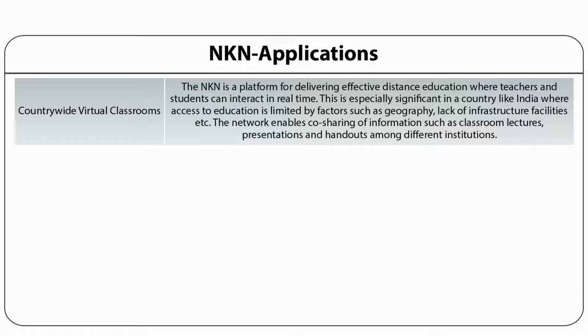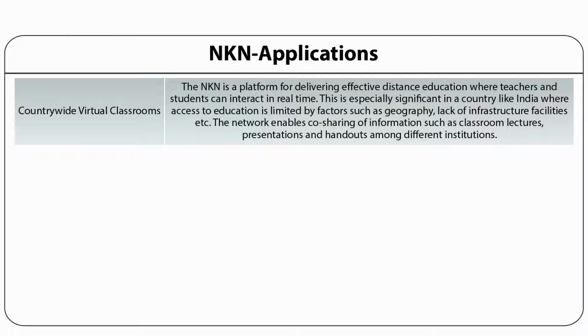NKN is providing a platform for delivering effective distance education where teachers and students can interact in real time. This is especially significant in a country like India, where access to education is limited by factors such as geography, lack of infrastructure facilities, etc.